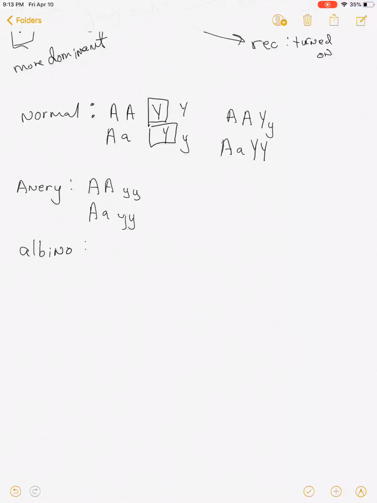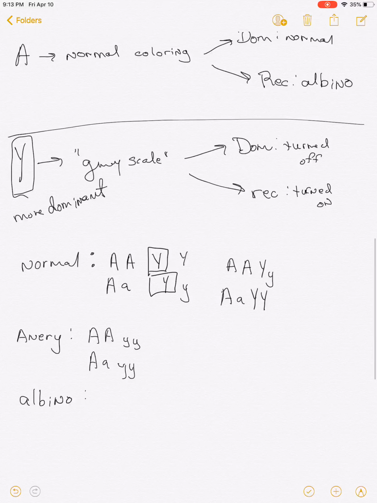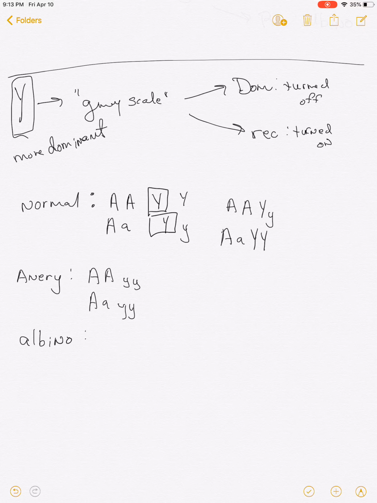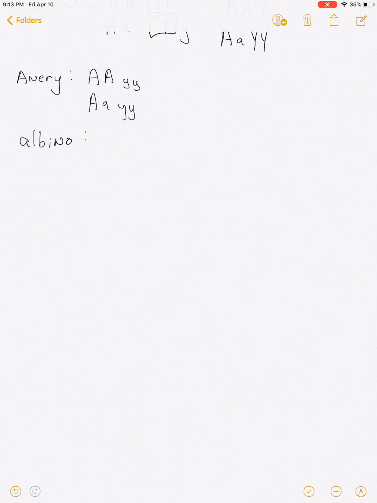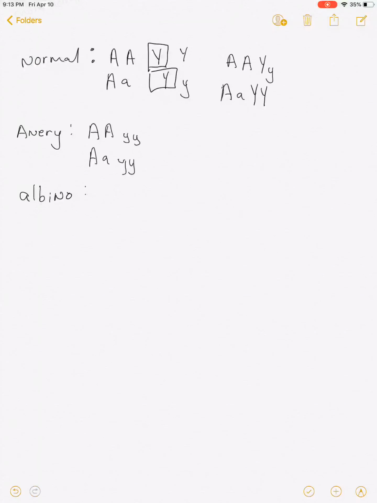So then when we come down to the albino, it is going to be recessive for A, and we want the anery, the grayscale chain turned off. So we need recessives here, and then we need the grayscale turned all the way on or turned partially on.